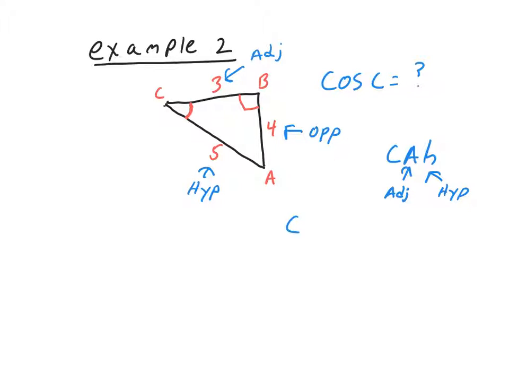So cosine of C is equal to the adjacent side over the hypotenuse side. And that's going to equal 3 over 5. And that we cannot simplify, so we're done.